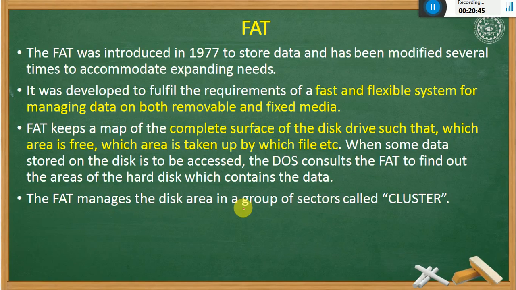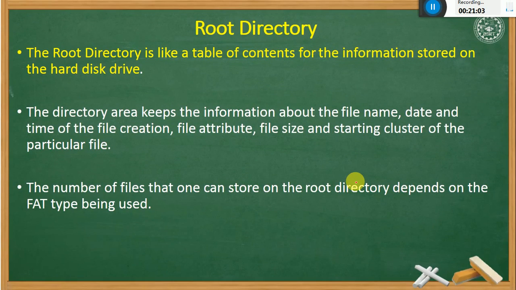Then FAT. FAT is file allocation table, which contains the index type of structure. Using the FAT allocation table, we can easily identify a specific data from the disk. Okay, it is a simple meaning, FAT. Then root directory.